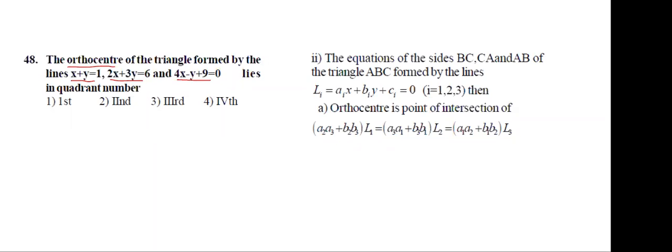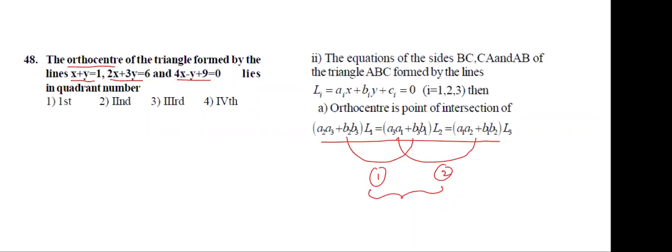The orthocenter is the point of intersection of these three lines. This is the shortcut formula. Take these two, you'll get one equation. Take another two, you'll get one more equation. By solving these two, we get the orthocenter of the triangle.